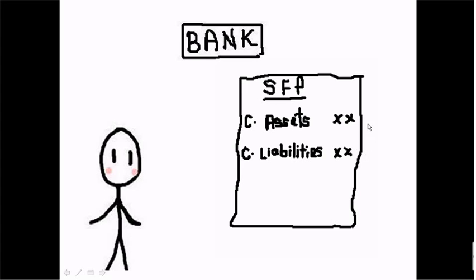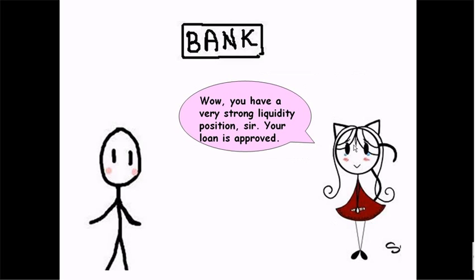From here the banker may be able to get some information regarding your ability to pay back your short-term obligations. If the banker is satisfied with your records, if they think that you have a very strong liquidity position, then most probably they will approve your loan.